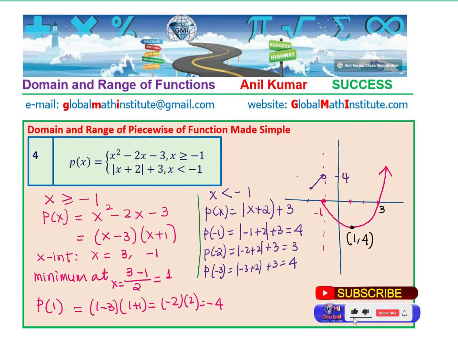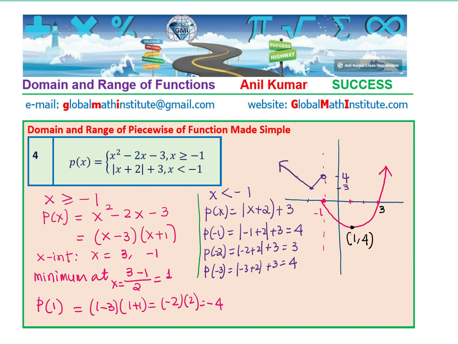So kind of like this, and we can draw our absolute value function. Is that clear to you? So this becomes 3 for us. Of course, the drawing is not to scale, but it gives you what you need to write the domain and range. Now with the graph of this piecewise function, it is very easy to write down domain and range, right?